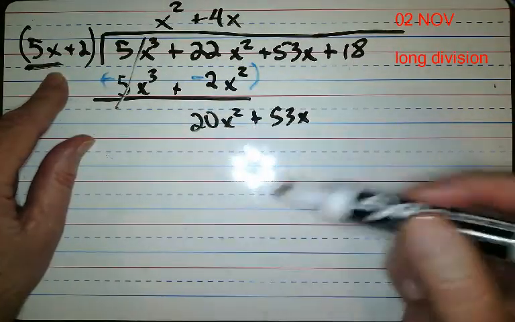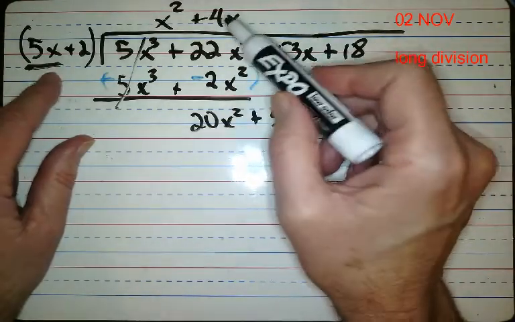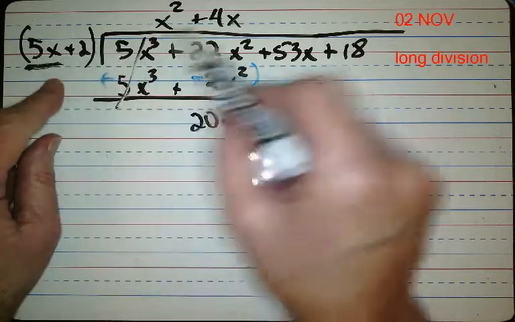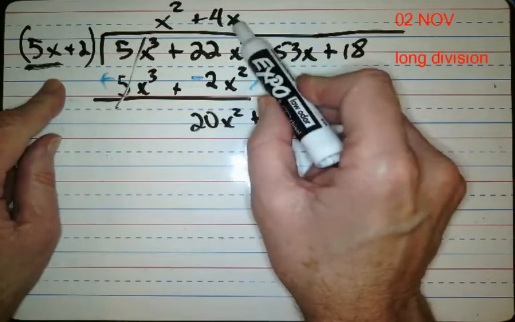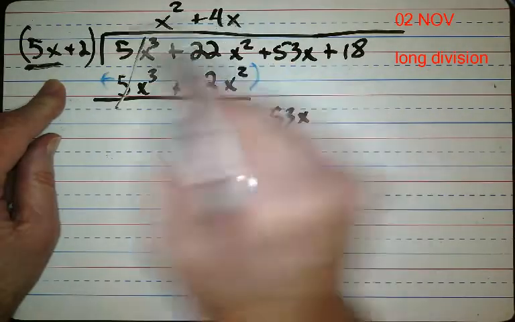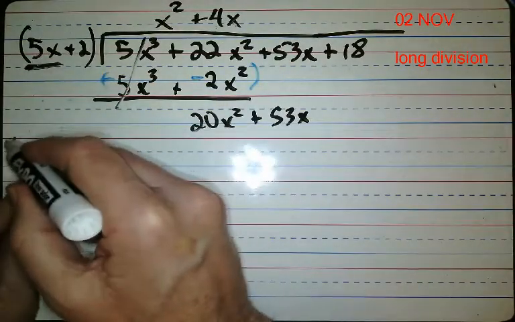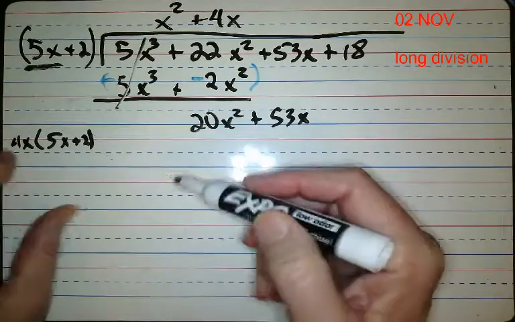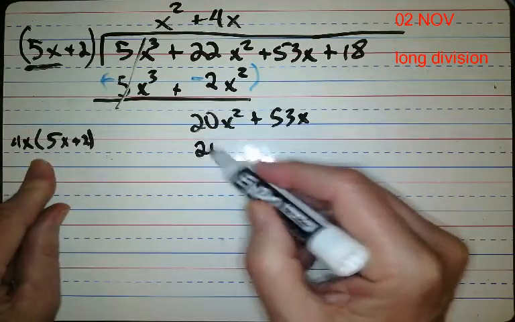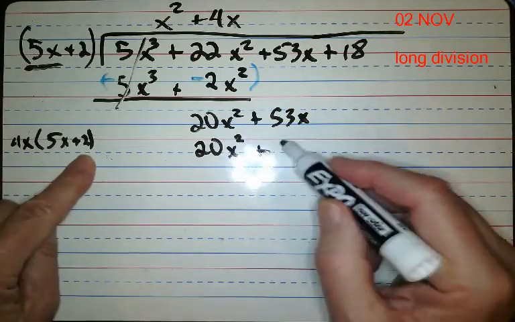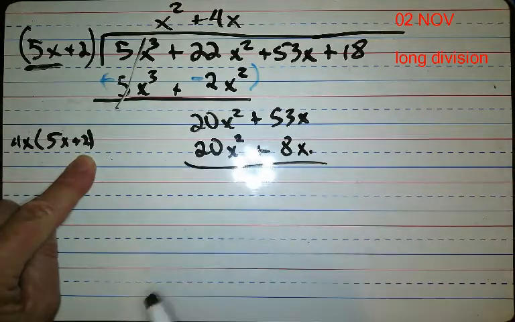So now I'm taking this whole thing, the parentheses, the binomial 5x plus 2, and I have to multiply by just this part, 4x. So 4x times 5x plus 2. Right? So what do I get? I get 20x squared, and I get plus 8x.